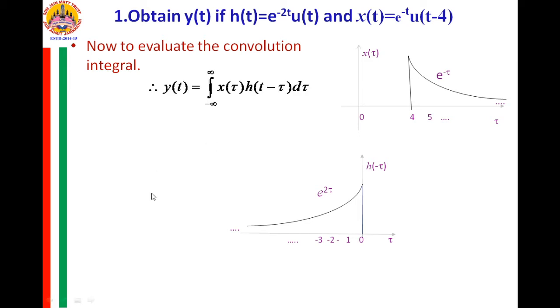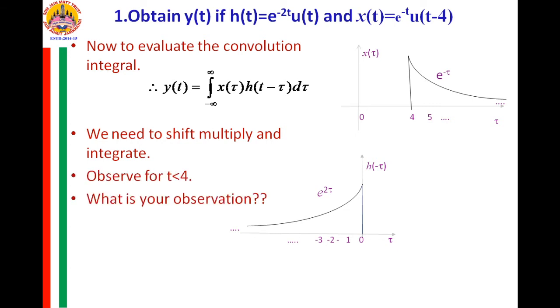So we need to evaluate this integral, that is, integration from minus infinity to plus infinity of x of tau h of t minus tau d tau, and we need to shift, multiply and integrate. Now we have observed that for t equal to 0 there is no overlapping and y of t is equal to 0.